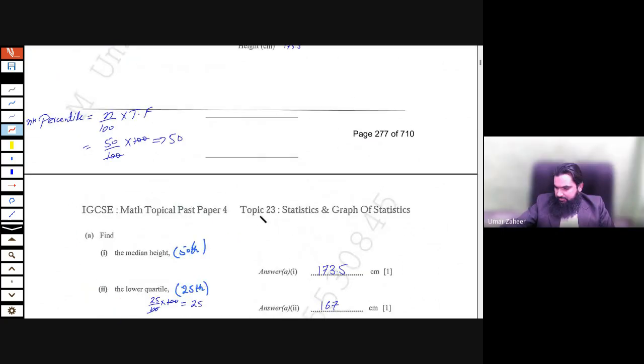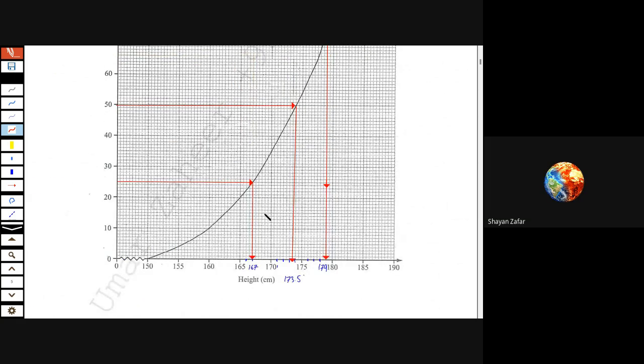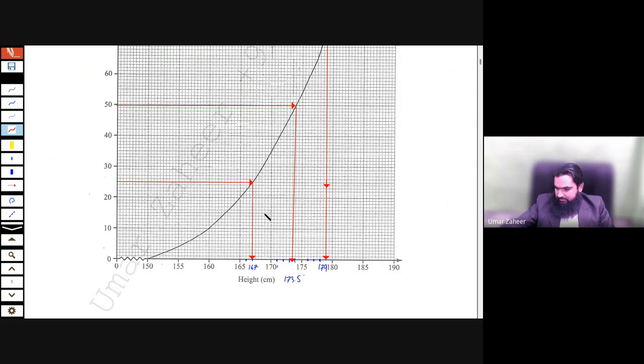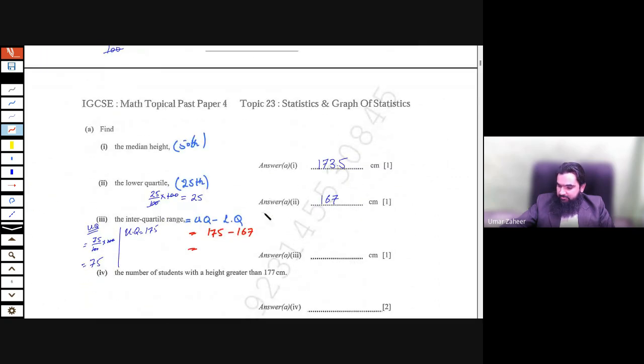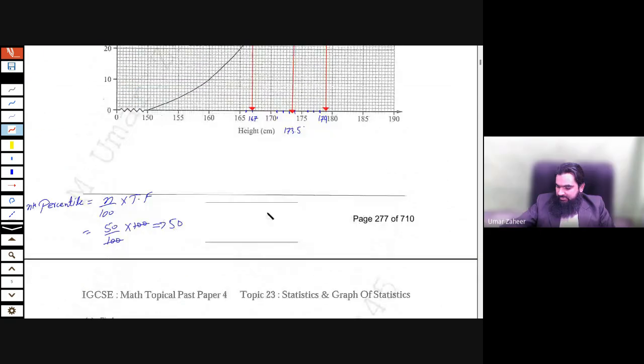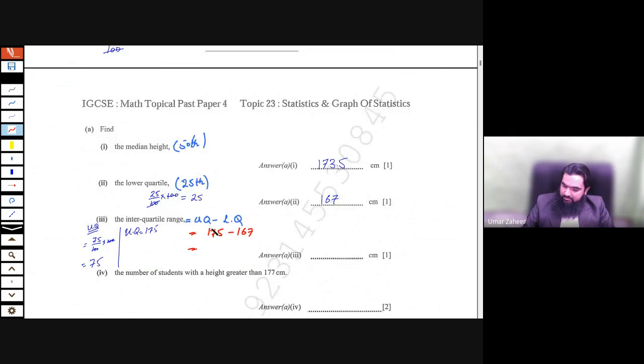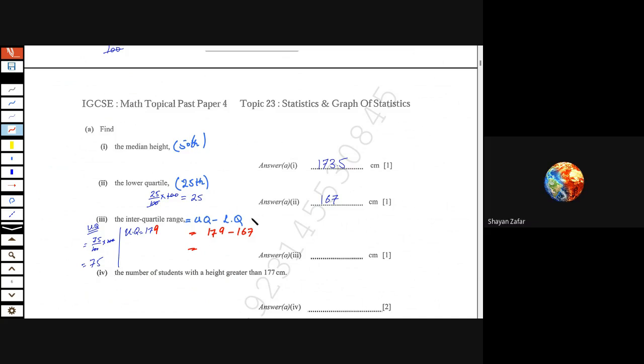Now subtract them: 179 minus 167 will be 12. Yes, that's fine.